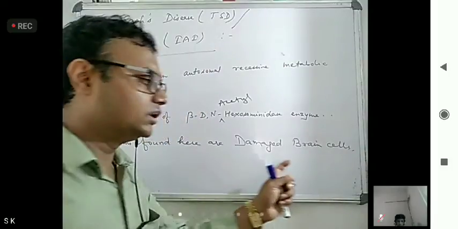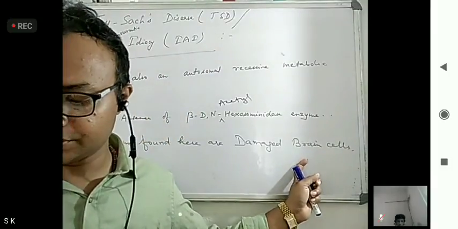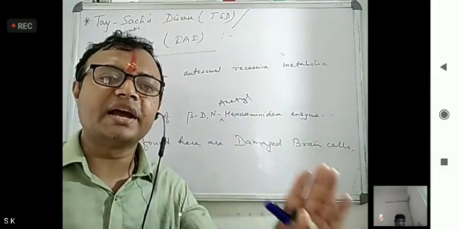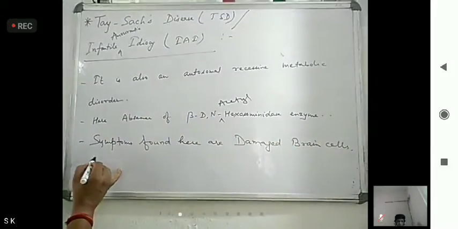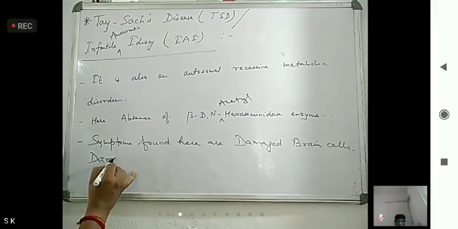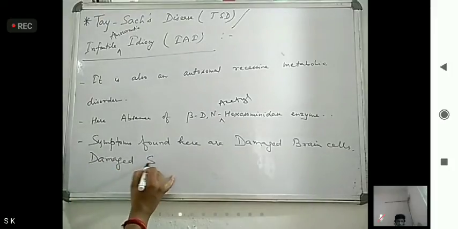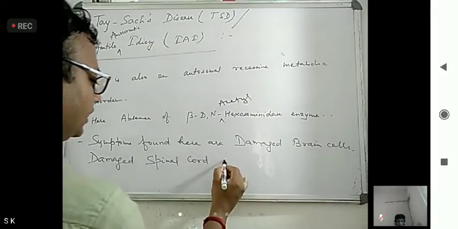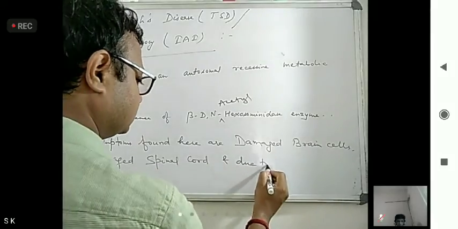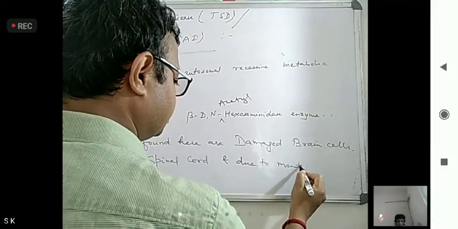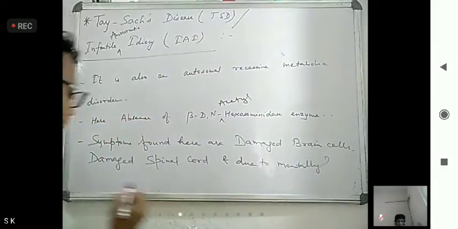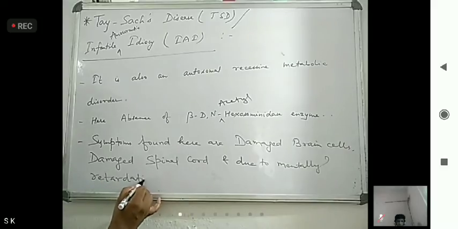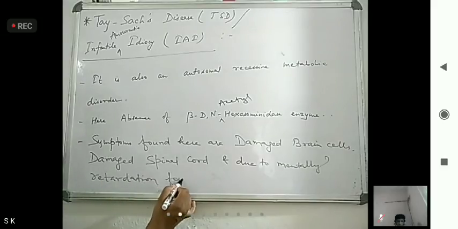First symptom is what? Damaged brain cells. And other symptom is damaged spinal cord. And due to that, mental retardation is found.